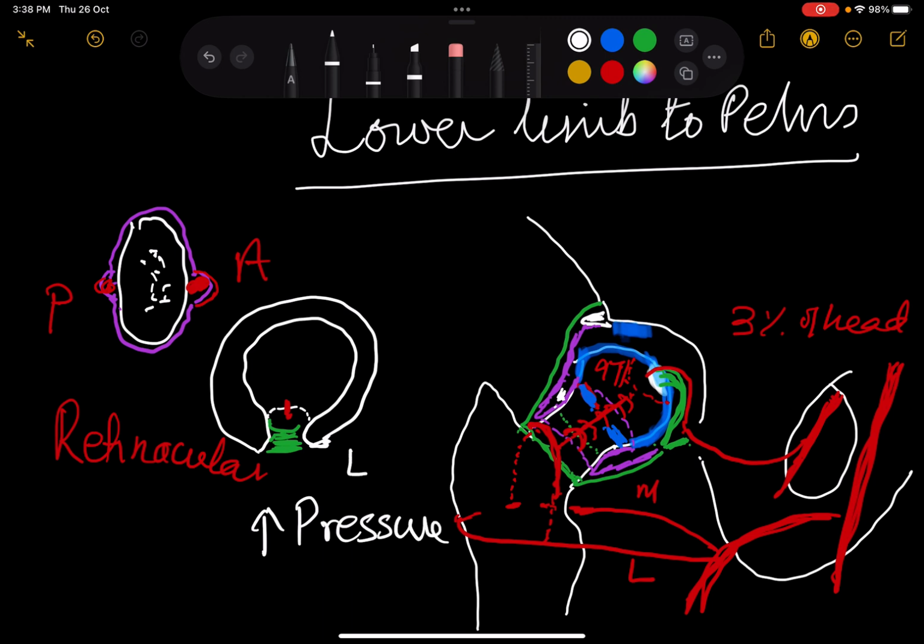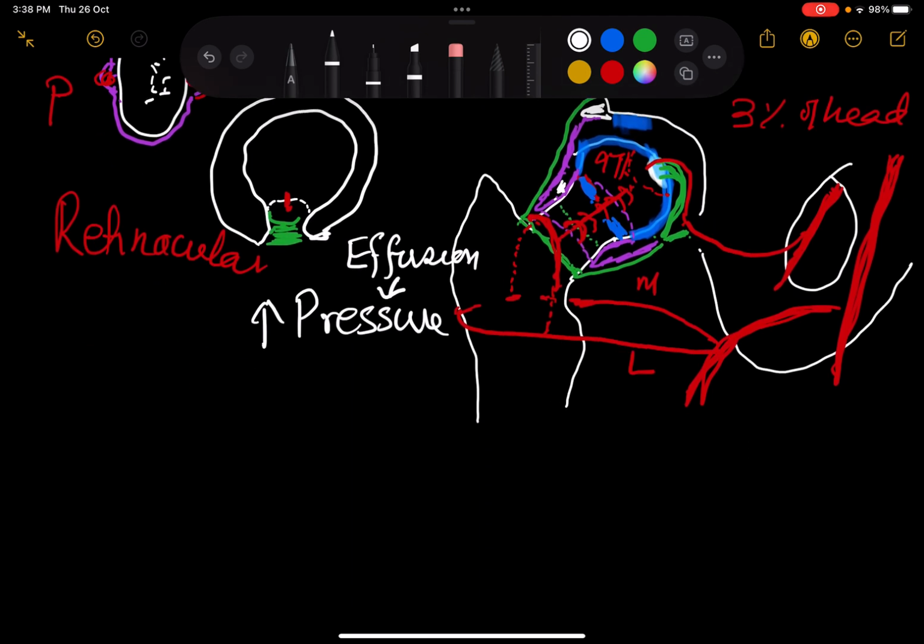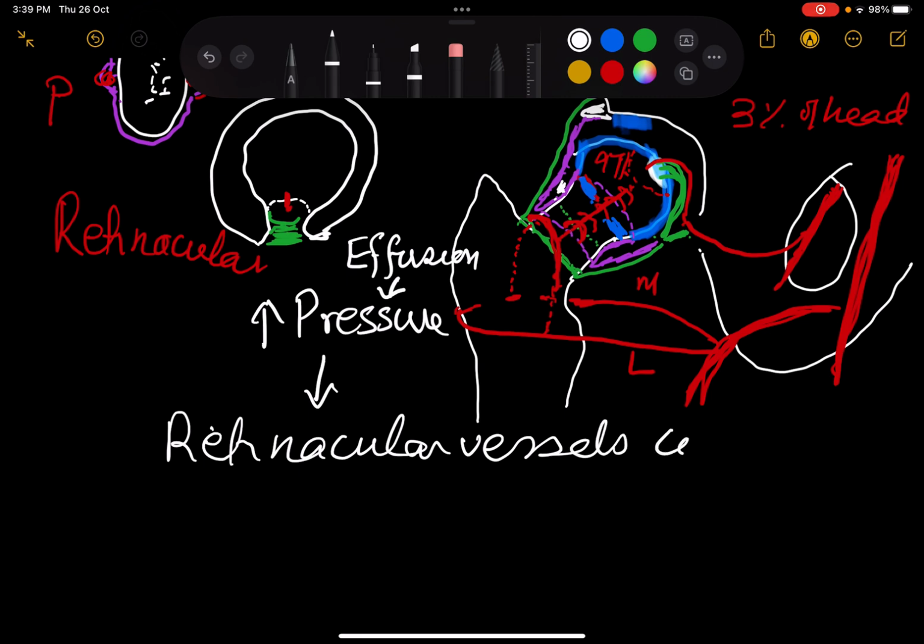So effusion leads to pressure, and this pressure causes blockade or collapse of the retinacular vessels. So the head becomes ischemic.